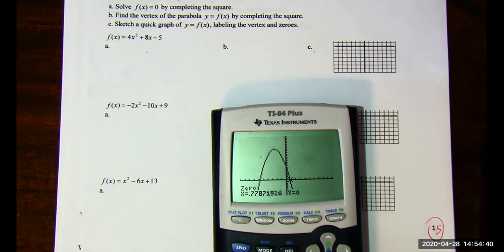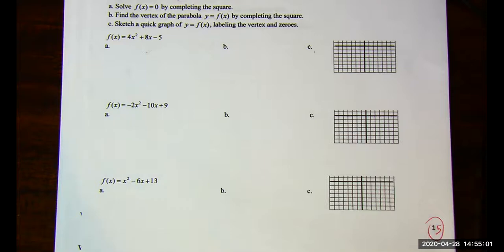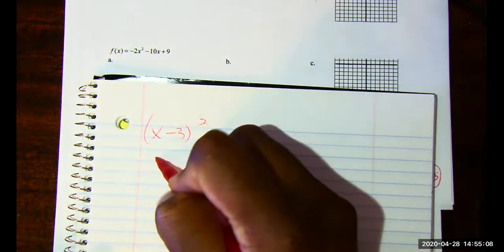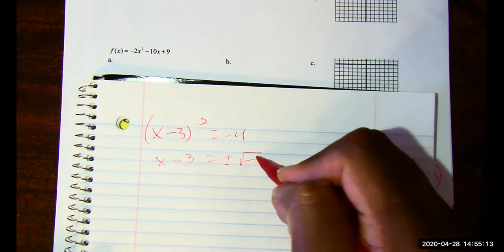Now let's look at the other solution, the third one. I'm going to work this out and quickly sketch approximately where that solution would be. X minus 3 squared equals -4. So when we have x minus 3 squared equals -4, x minus 3 equals plus or minus the square root of -4.